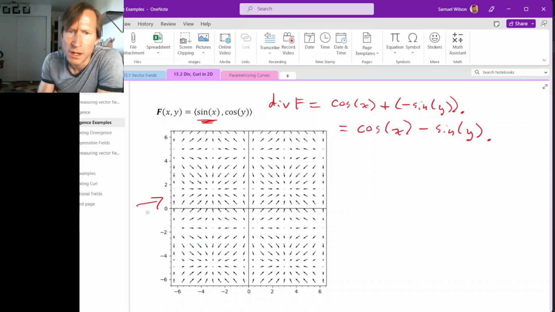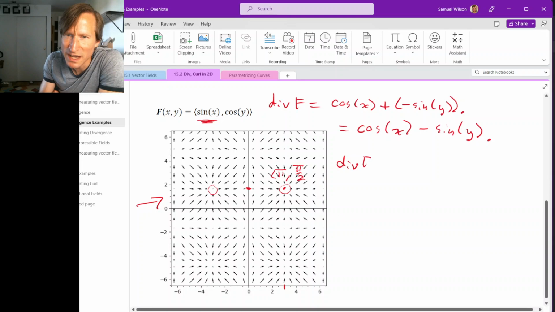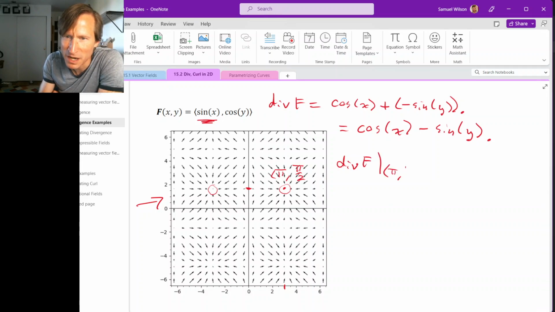You can see that there are some points here where the vector field is clearly flowing towards these points. If we look at the scale on this, it looks like this point here might be about, say, pi and pi over 2. So let's see, what is the divergence of F at (pi, pi over 2)?